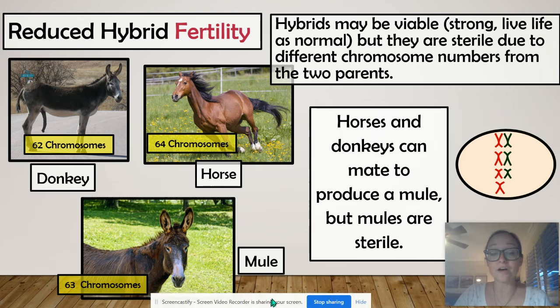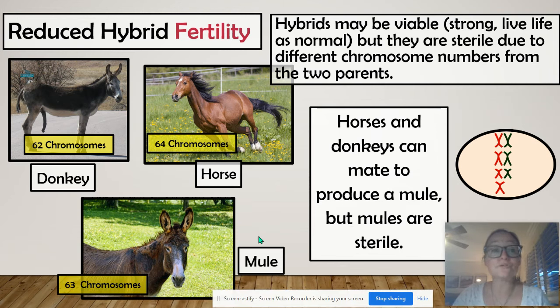A really common example is a mule. A horse and a donkey are two separate species. A donkey has 62 chromosomes and a horse has 64. When they mate and produce a mule, it is a great work animal because it has the characteristics of both a donkey and a horse, which make it fantastic for a lot of farm labor. But the mule has only 63 chromosomes.